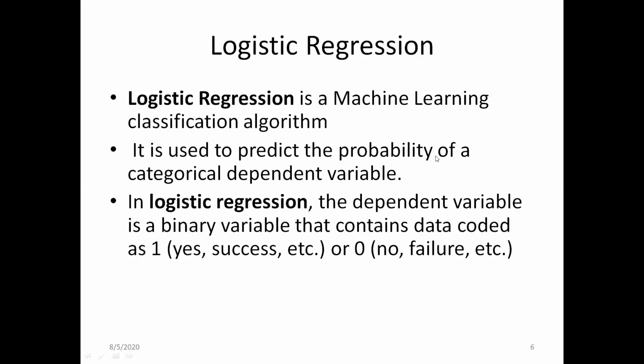So this is the point where you will have to focus. There is a major difference between linear regression and logistic regression. In linear regression, the dependent variable, that is the y variable, was continuous. The value of the y variable was continuously changing with respect to x. But in case of logistic regression, the dependent variable is a categorical dependent variable.